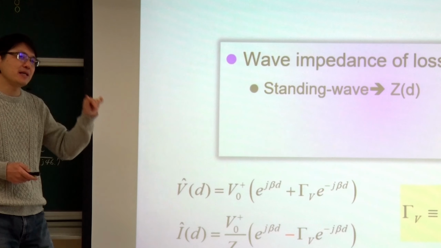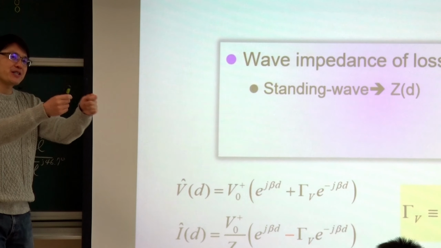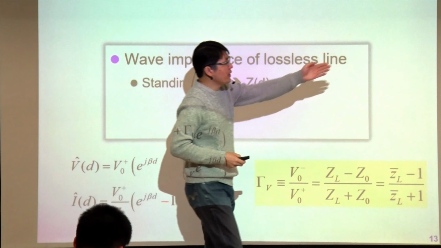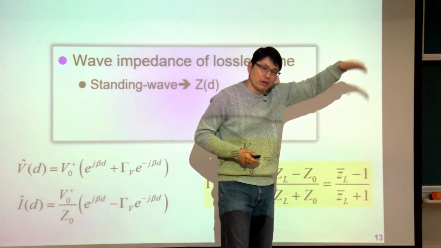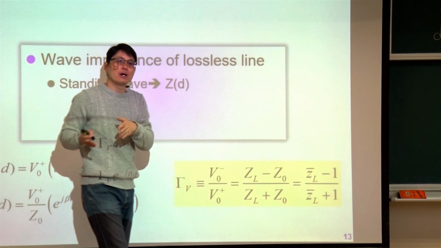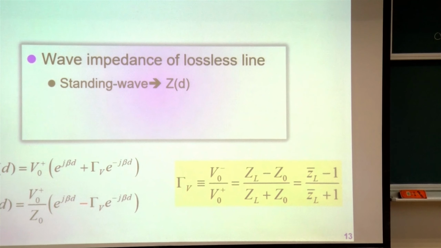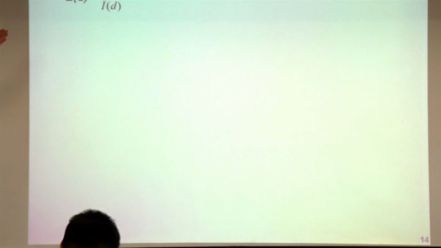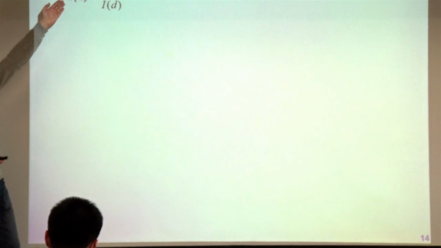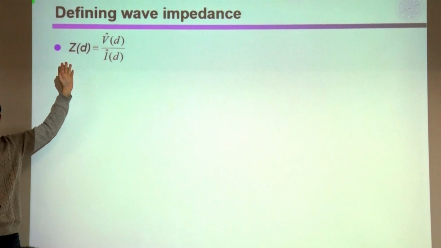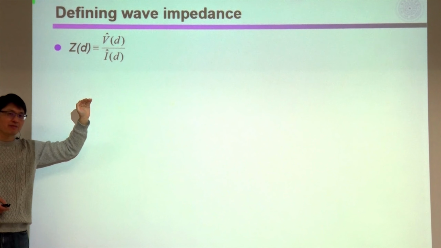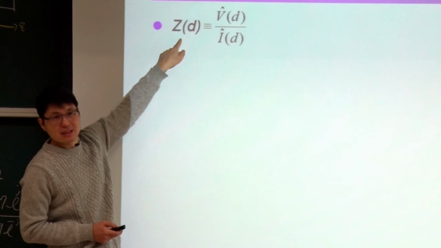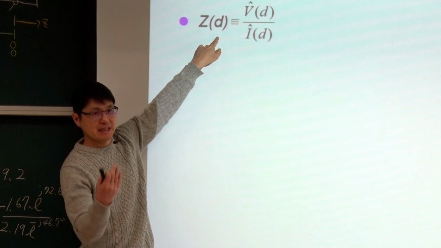But in this case, this impedance is a function of space. Why? Because, as I mentioned, we have standing waves, right? The voltage and currents are all different along different locations. So if I perform a direct division, I now have a so-called wave impedance. Total voltage phasor divided by total current phasor gives you an impedance as a function of space.